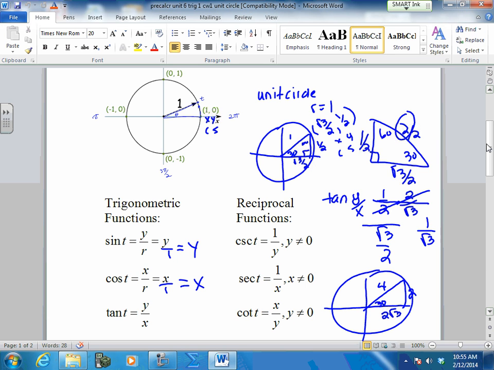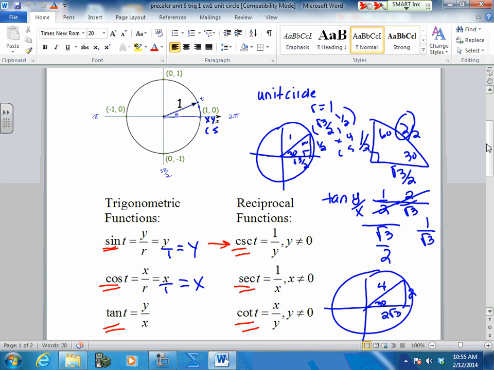Now, your reciprocal functions work like this. This is the easiest way to remember this. Here's your cotangent, here's your tangent. They start with different letters. So your sine can't start with an S. It has to start with a C. Your cosine can't start with a C. It starts with an S. So you've got a sine and a cosecant, reciprocals. A cosine and a secant, reciprocals.